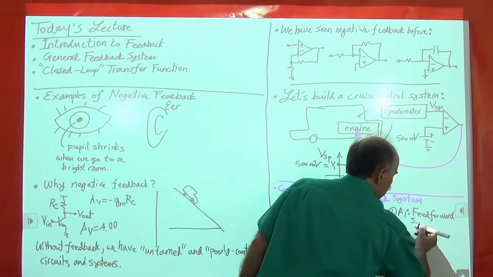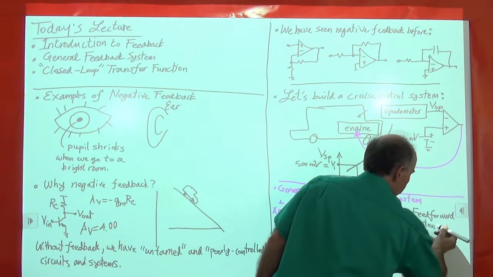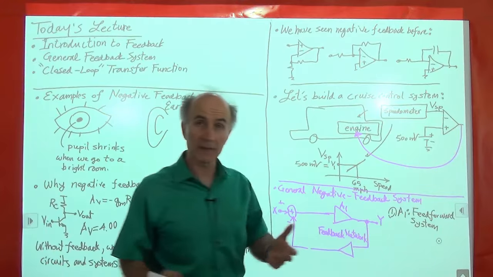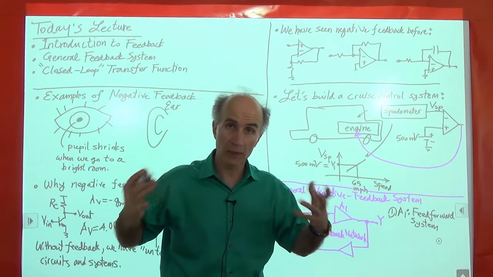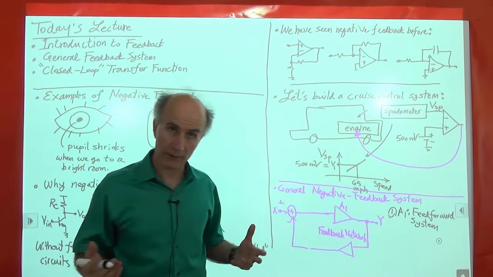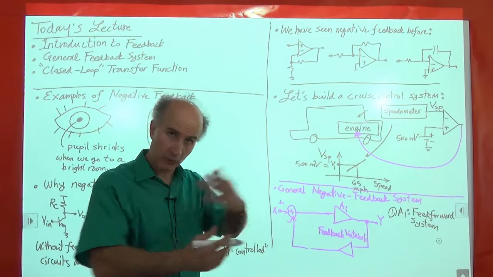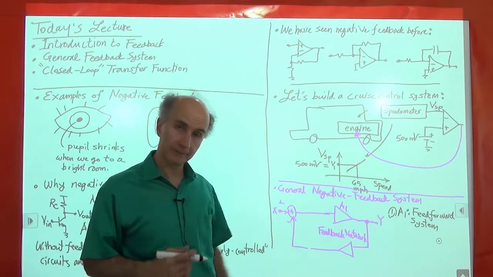It's just a name, don't worry about it, but obviously we have to have that, right? That was the untamed, the poorly controlled circuit. So obviously we have that, and we're trying to improve it.